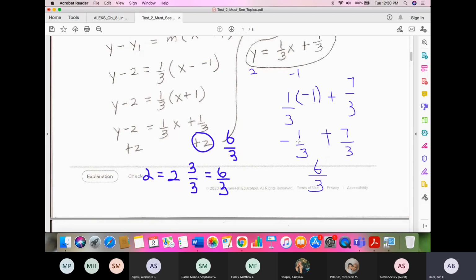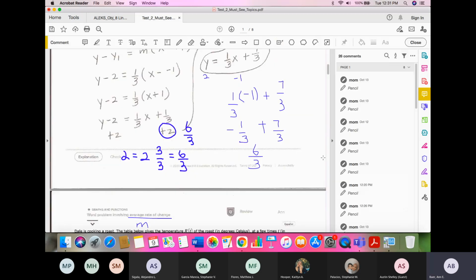So now we have -1 plus 7. You can look at that in the numerator. That would be 6 in the numerator divided by 3. 6 divided by 3 is 2. So this is equal to 2 here.